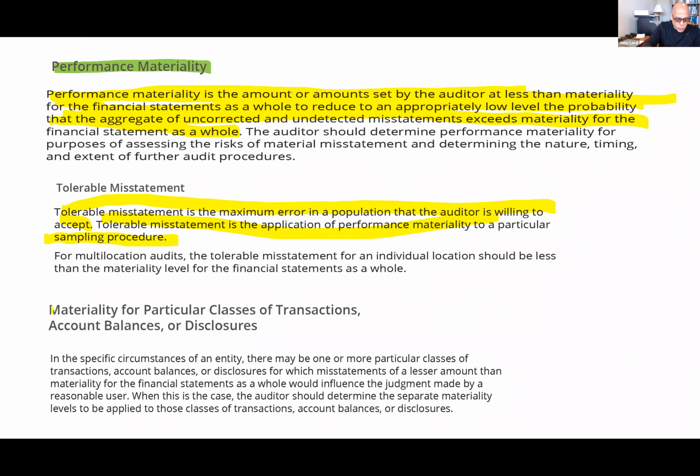Now, materiality for a particular class of transaction, account balance, or disclosure: in some cases, we may need to come up with a special materiality for, say, a disclosure. For example, let's say the entity's debt to equity ratio gets too far out of balance.